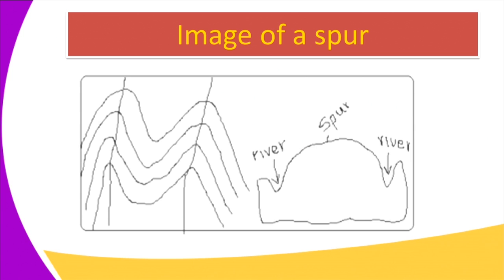When you look at the contour lines and you see a line that shows a river, you will know automatically it is a spur. Look at the image on the right side and you are able to know how these contours are formed. They form a spur. When you see two lines on the contour lines crossing in between, forming rivers, you will know that this is a spur.